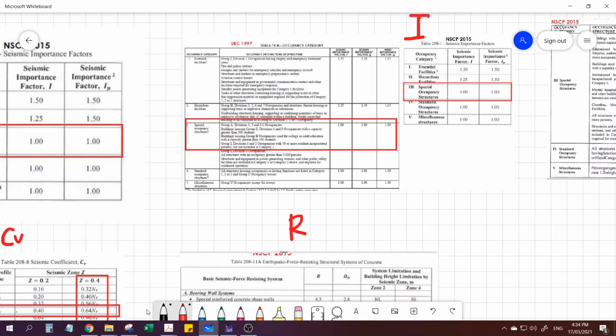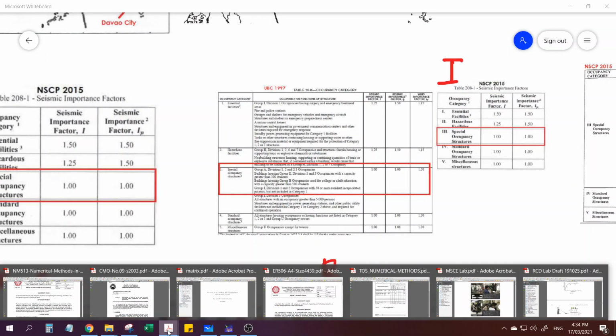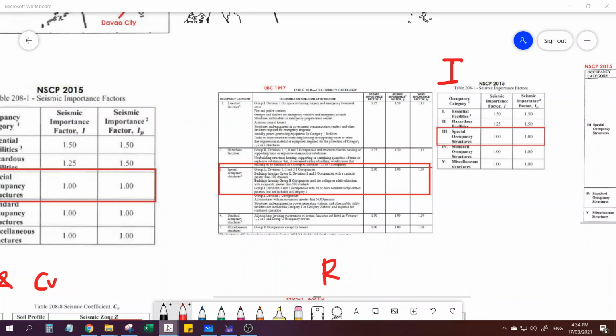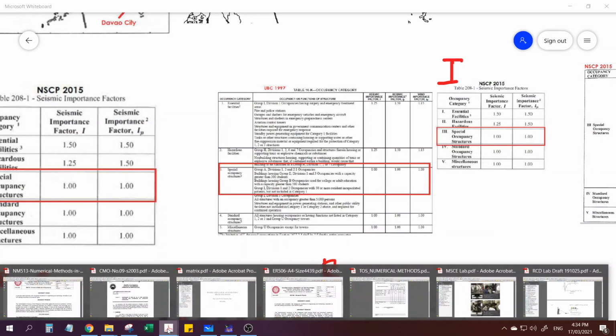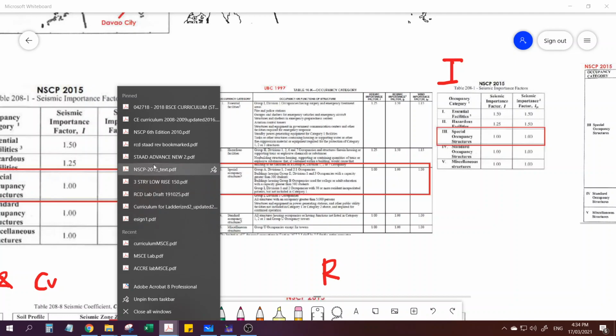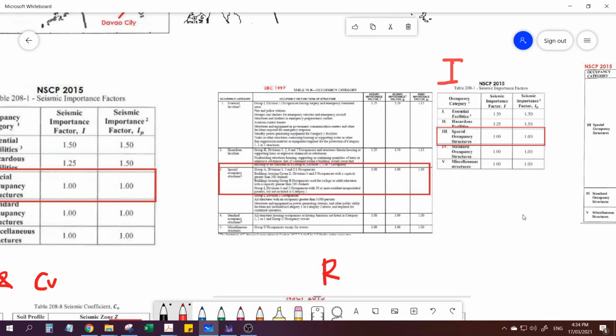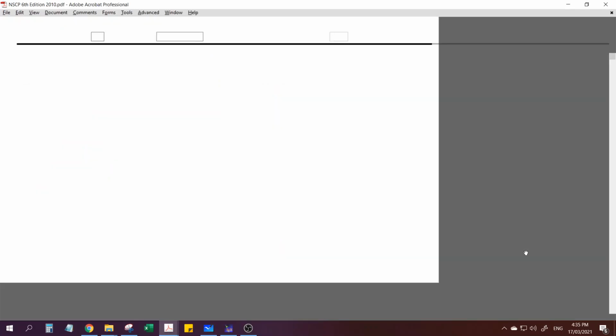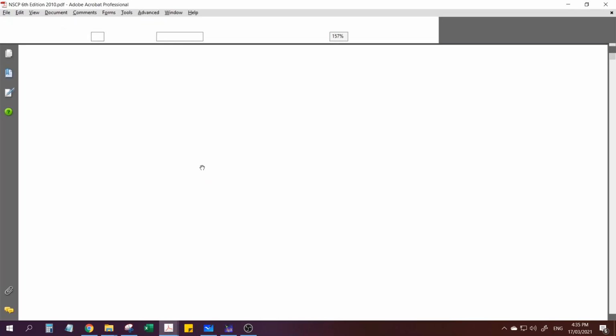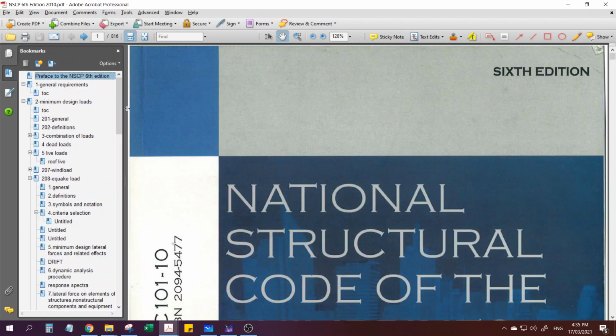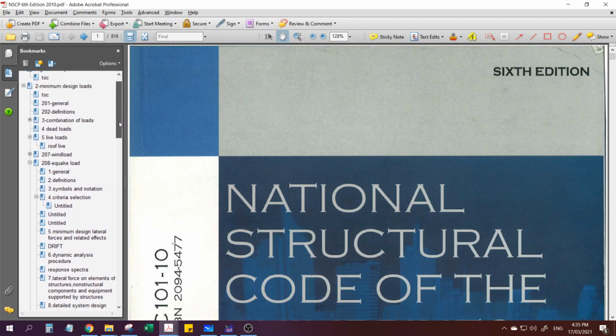I forgot. Maybe it's here, in 2010. So again, I have my own copy of the 2015 original from ASEP.